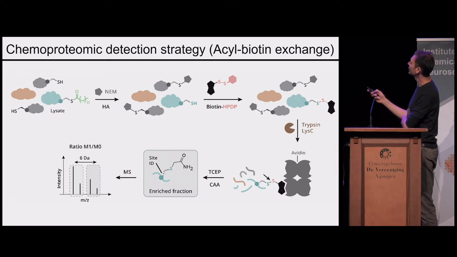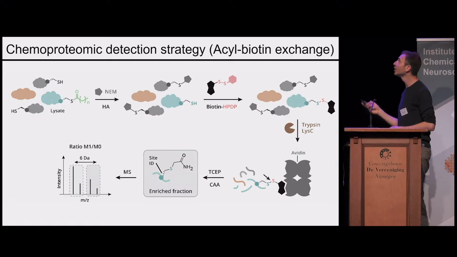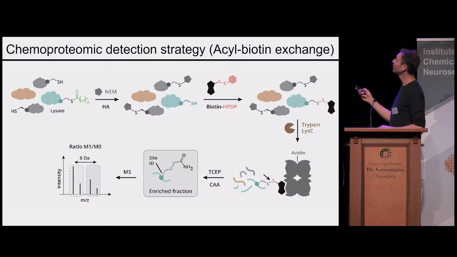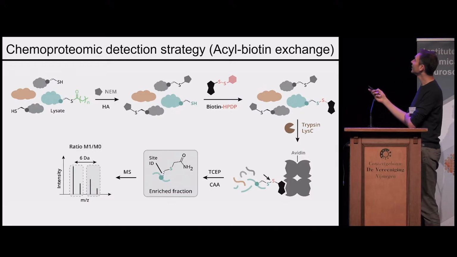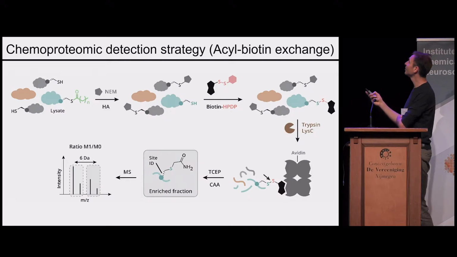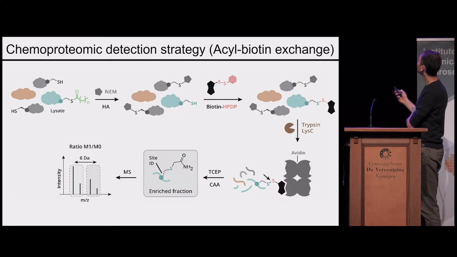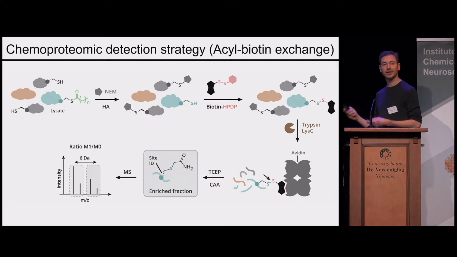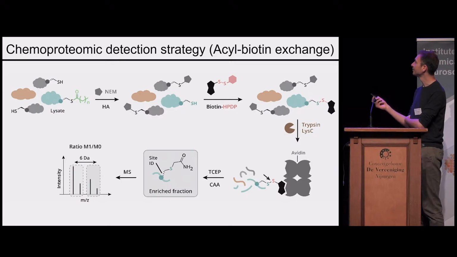After this blocking, we hydrolyze the thioester, releasing and making available only the cysteines that were lipidated before. Then we label these cysteines with the biotin tag, enrich them, digest them with trypsin, and analyze them by mass spectrometry proteomics, thereby identifying exactly the proteins, but also the sites that are actually lipidated.